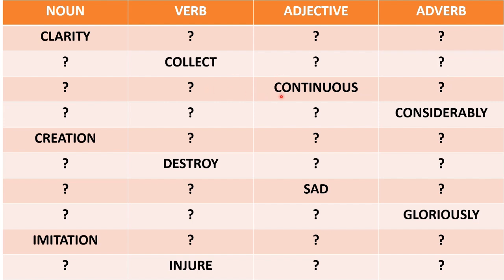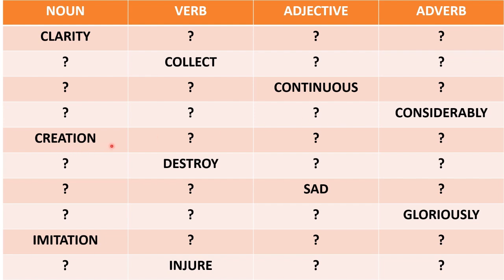Then the third word, continuous, adjective is given. Noun and verb are not given. Adverb is also not given. You have to find all of them. Then in the next word, adverb is given, considerably. Noun, verb, adjective, everything is missing.